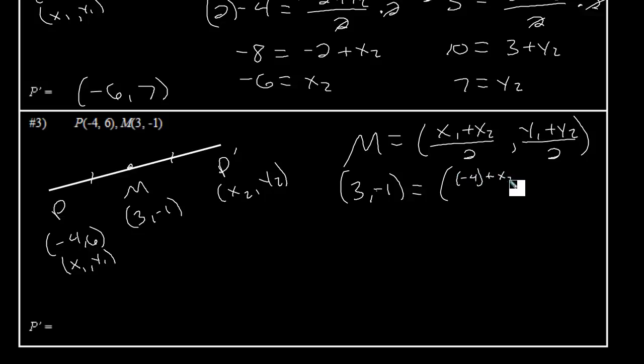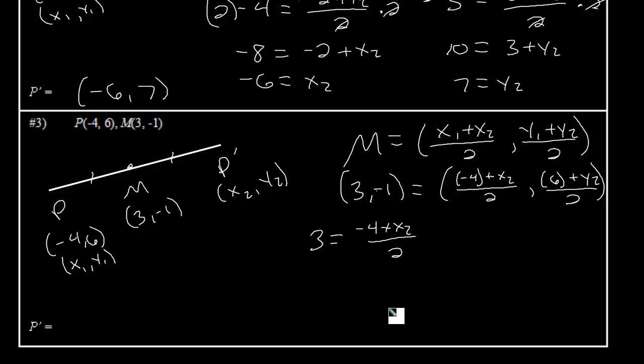Make sure when you substitute numbers you use parentheses like this, -4. Y value is 6 and y sub 2. So 3 is in the same position as this first fraction. Therefore, 3 is equal to -4 plus x sub 2 over 2.